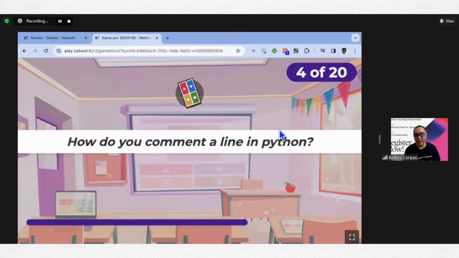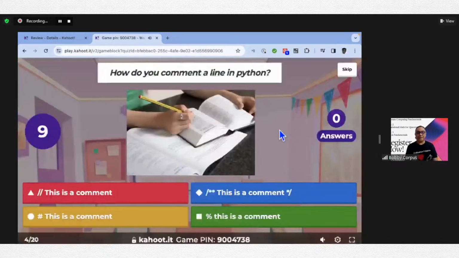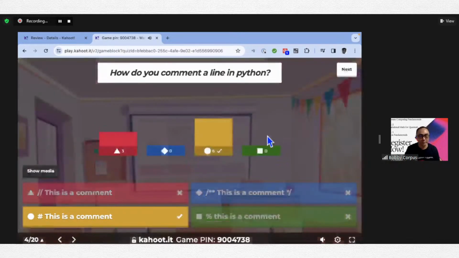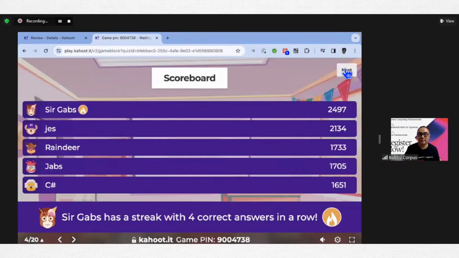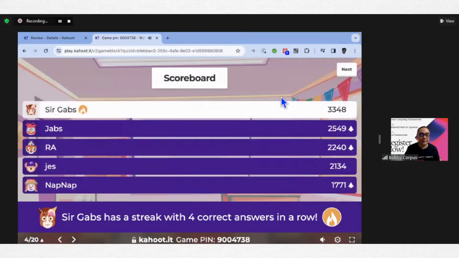Okay, how do you comment a line in Python? We had to mention to, pero it's very obvious in my code examples. Saan dyan yung comment ng Python? Okay, okay. So this one is the correct answer. Okay, so Gabs is still leading.